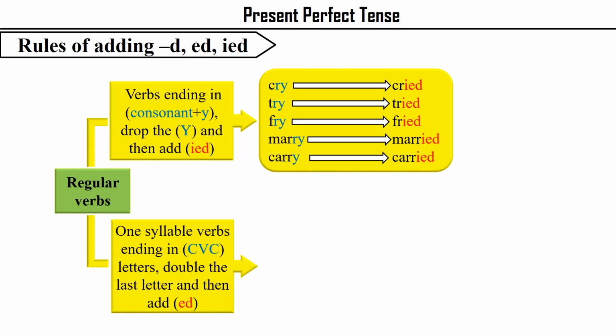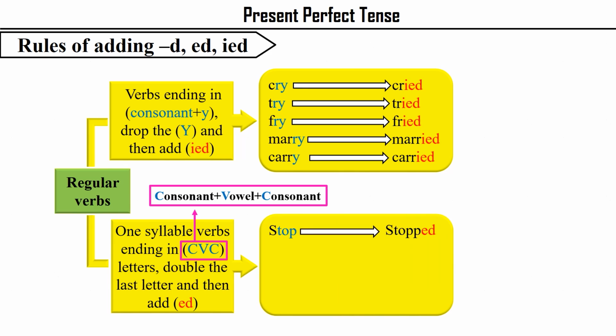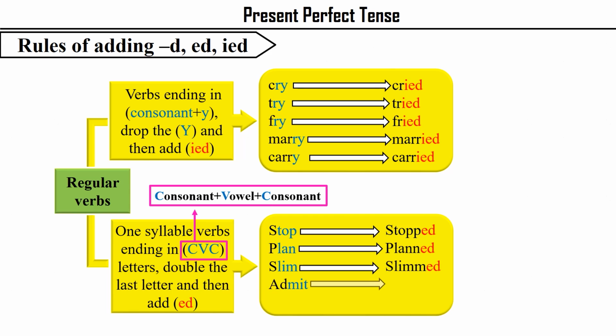One-syllable verbs ending in CVC letters double the last letter and then add ed to the verbs. What are CVC letters? CVC letters are consonant plus vowel plus consonant. For example, stop becomes stopped. Plan becomes planned. Slim becomes slimmed. Admit becomes admitted.